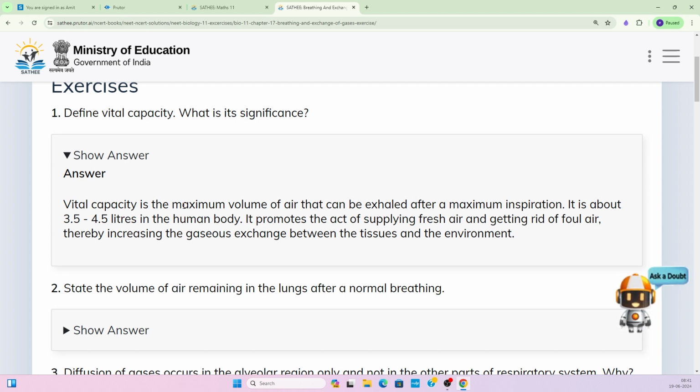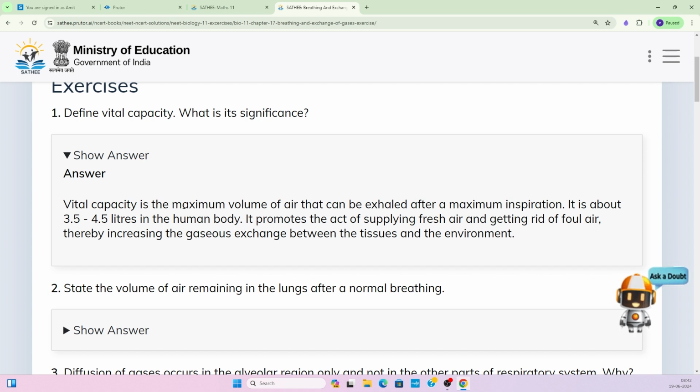So when you do the maximum inspiration, meaning when you take in air from the outer environment forcefully, that is the maximum inspiration. After that, the maximum volume of air that can be exhaled, whatever air you exhale out, will be the maximum volume of air.